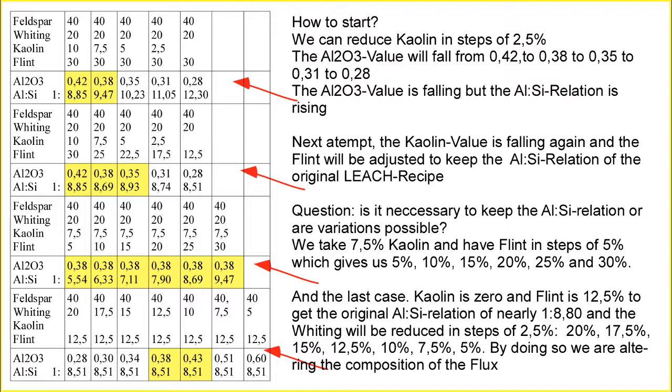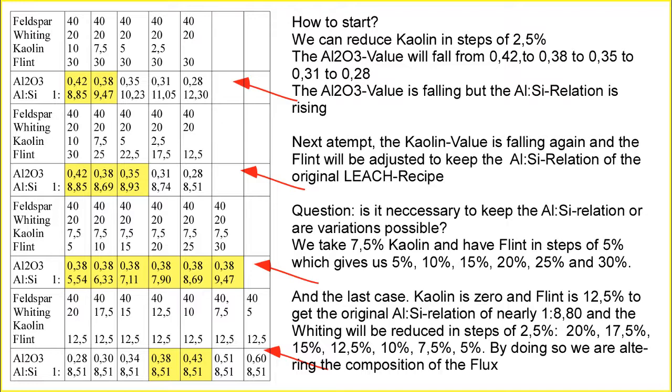And the alumina-silica ratio starts with 8.85 and is varying a little bit and is ending with 8.51. That are not the exact same numbers, but you can see the idea.